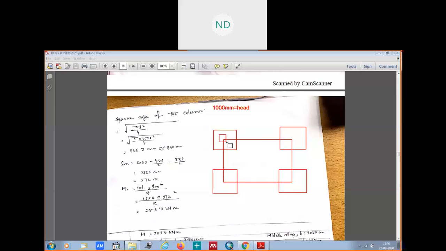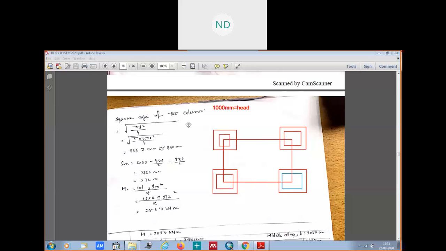You have to have a column head. This was the size of the column strip, which is nothing but equal to the drop, because we provide the drop, and the size of the drop is equal to the size of the column strip. So this is your column, this is your column head.